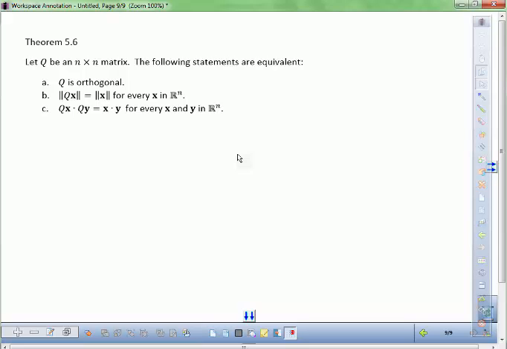So in this case, Q is orthogonal if the magnitude of Q applied to X is equal to the magnitude of X, and if Q applied to X dotted with Q applied to another vector Y is equal to just the dot product. The dot product of those two is equal to the dot product of X and Y.